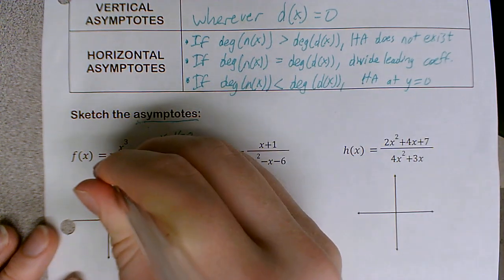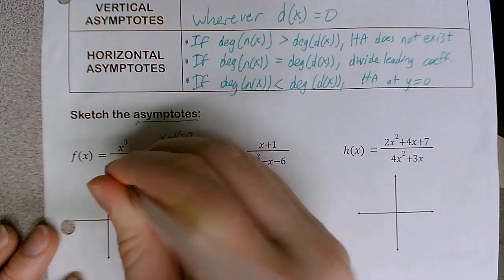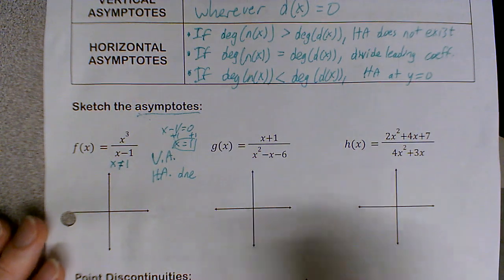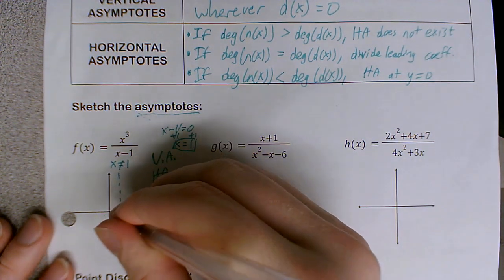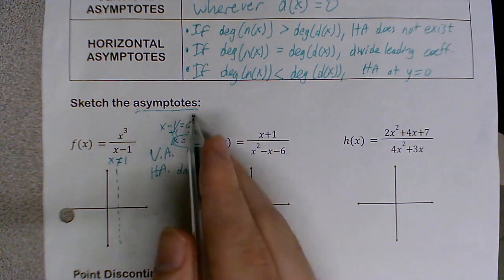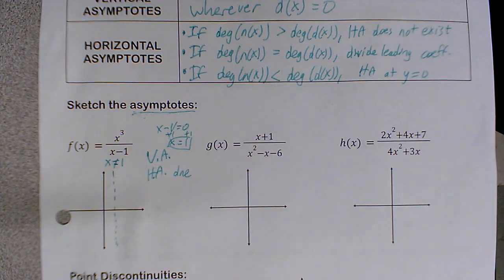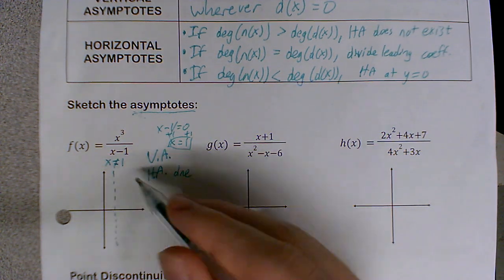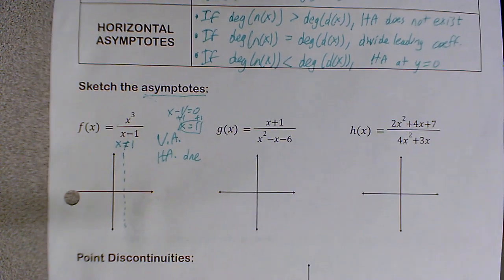So therefore, x cannot equal positive 1, which makes sense. If we plug in 1 here, we get 1 minus 1. That's 0 in the denominator. That's bad. And we get a vertical asymptote here. Now, all this problem said to do was sketch the asymptotes, so we are actually done here. This function actually looks a little bit weird, which is why I'm not sketching it now.